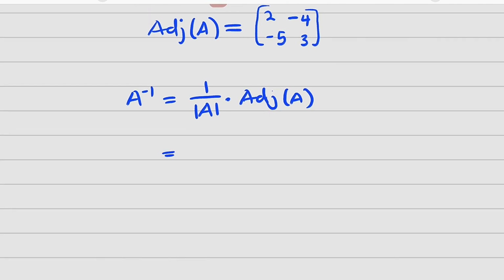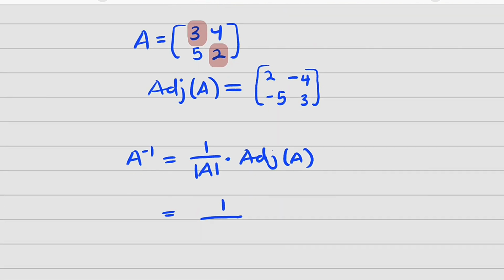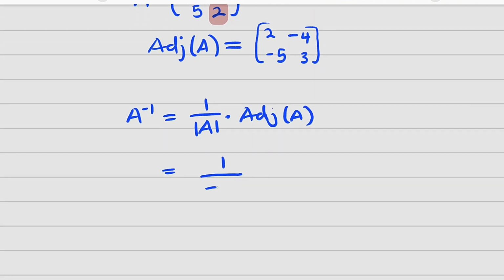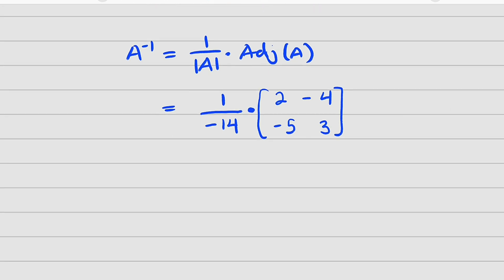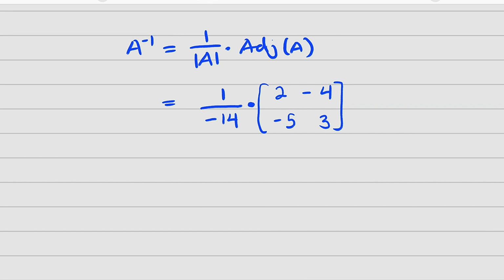This is equal to 1 divided by our determinant, which is negative 14, multiplied by the adjoint, which is 2, negative 4, negative 5, then 3. This is a scalar multiplying a matrix, so we multiply every single element by the scalar, 1 divided by negative 14.